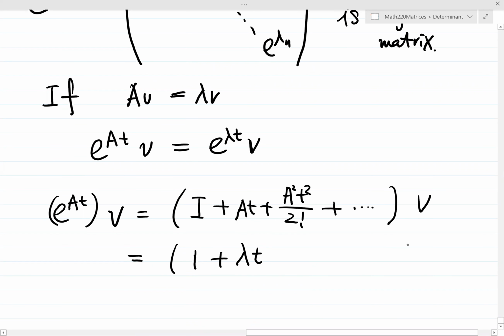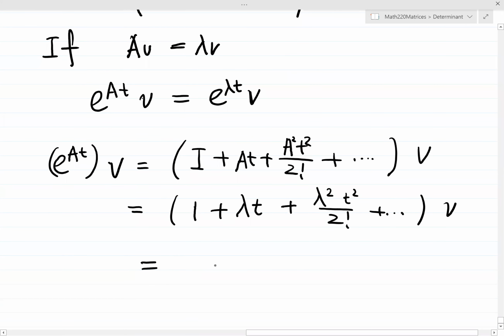Now we factor out V. Now A squared V gives you lambda squared T squared over 2 factorial, and so on. This is exactly e to the lambda t V.